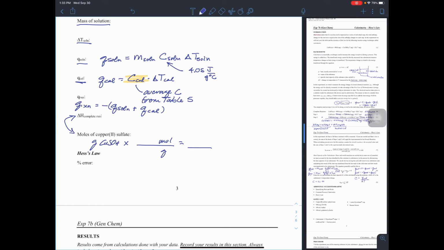So I'll scoot over here. Delta H for the reaction is going to equal Q for the reaction divided by moles of copper sulfate. And so that will give us joules per mole.